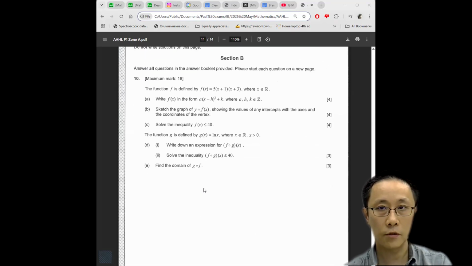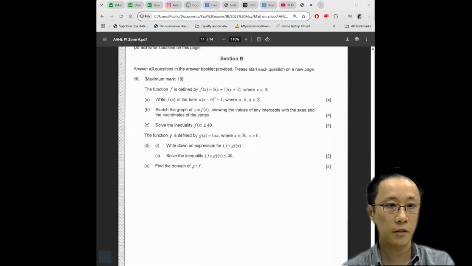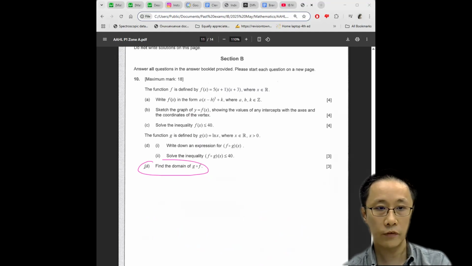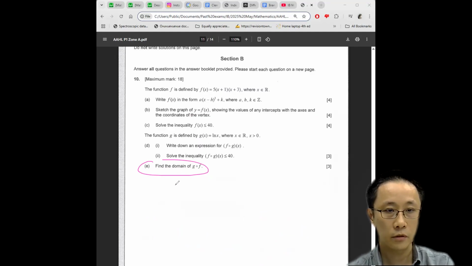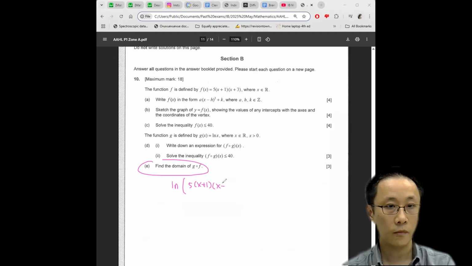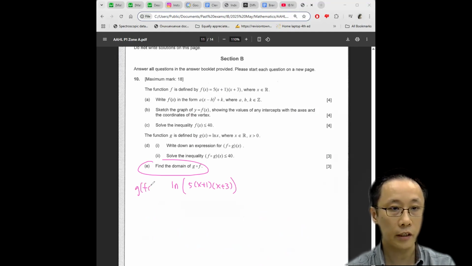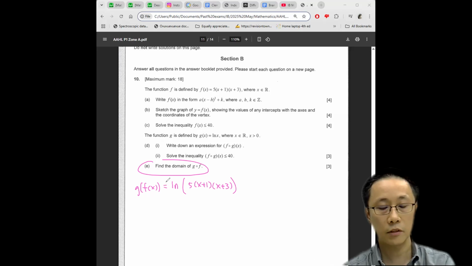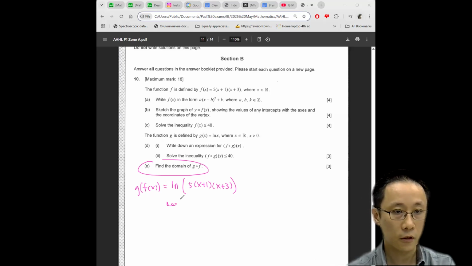Question 10 is supposedly common with ESA, but the last part, finding the domain of a composite. Let's just do it anyways. So G of F is just going to be natural log of the quadratic. And finding the domain of such a composite is basically an inequality problem because the content of the natural log needs to be positive.